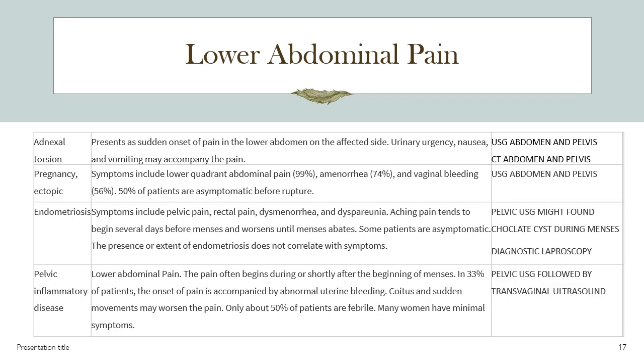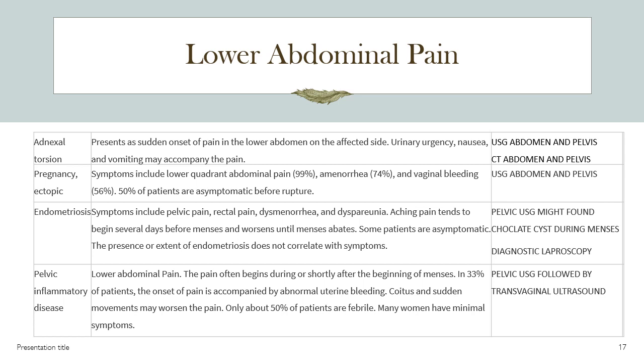Then in females, you have to keep four important differential diagnoses in mind. If a young or middle-aged, reproductive age female presents to you with lower abdominal pain, first of all, ask about pregnancy. If the patient is pregnant or has missed her last menstrual period, check her LMP.